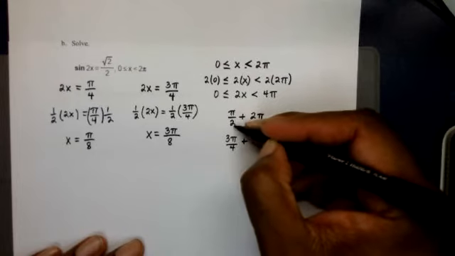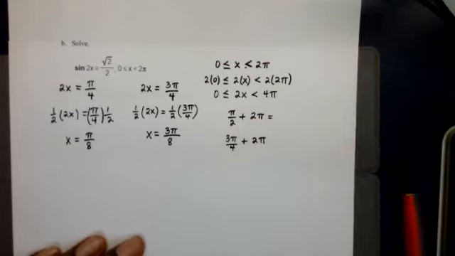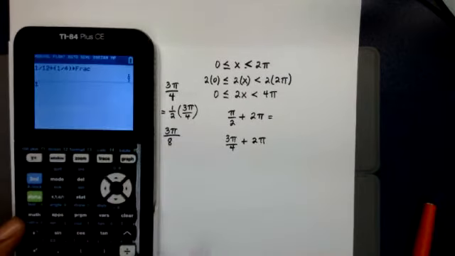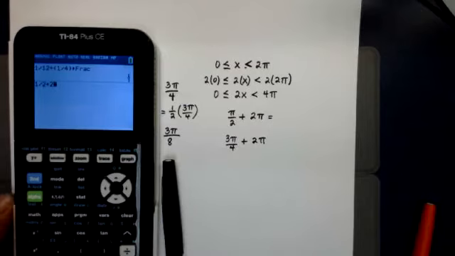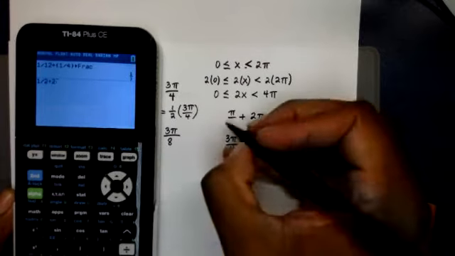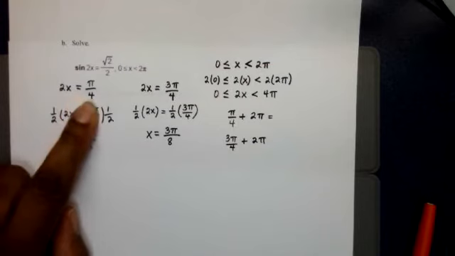So here, pi fourths plus 2 pi. Okay, now this helps. You can do 1 divided by 4 plus 2. The 4 comes from right here.